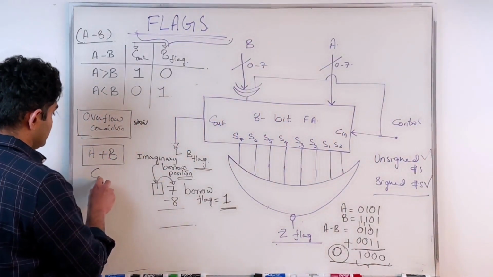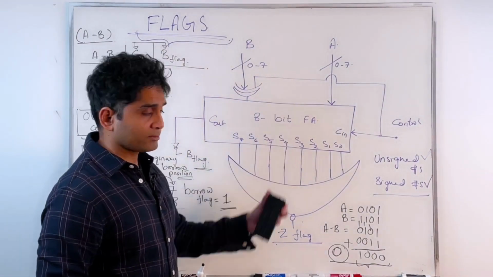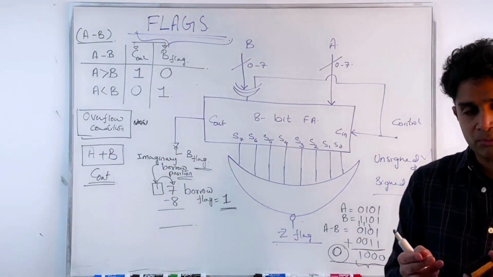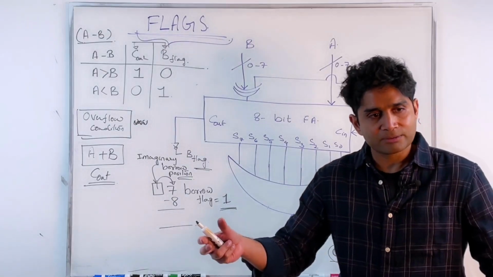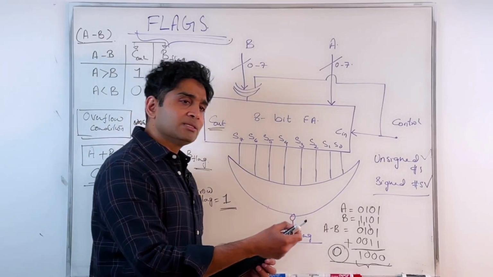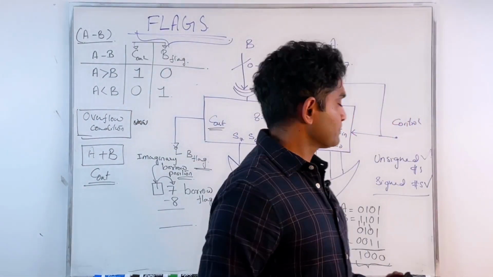When my sum exceeds, in this case, 8 bits, then the accurate sum is represented in 9 bits. The 9th bit is the Cout. So I can use my Cout as an overflow condition check.